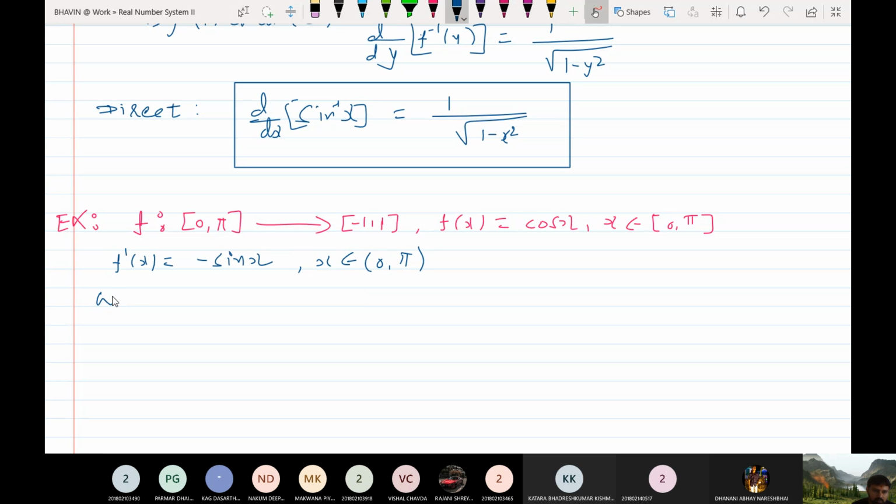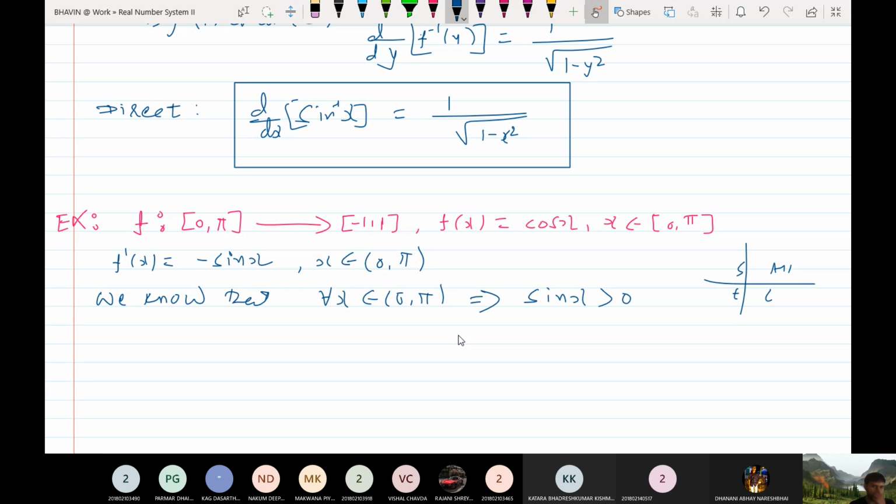We know that for every x belonging to 0 to pi, what can you say about the sine function? According to the all STC rule, in the first and second quadrant, sine is positive.